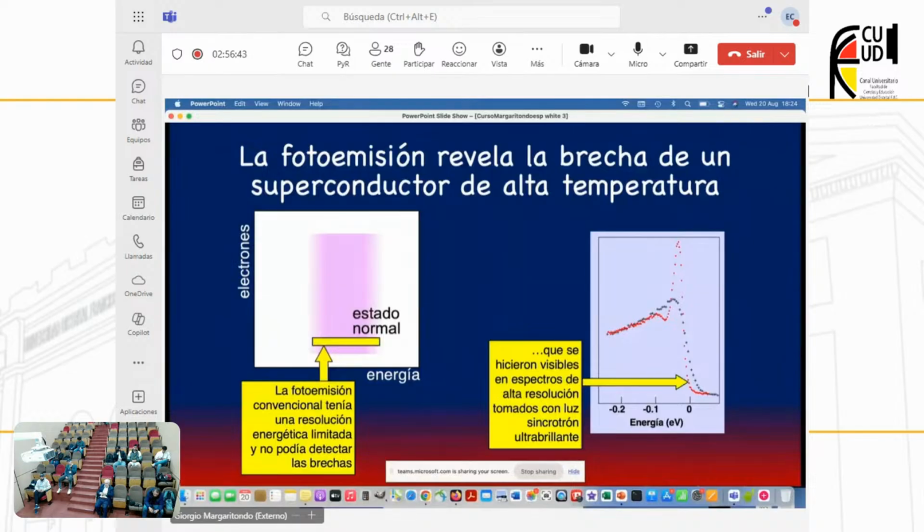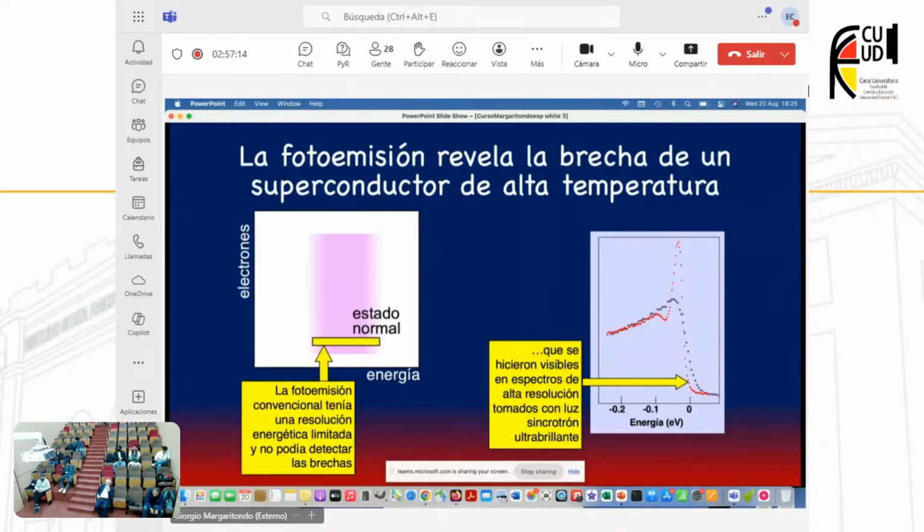Because, of course, once you can detect the gap in a direct way using a synchrotron radiation photoemission technique, then you can become ambitious and start asking what are the properties of this gap. For example, is the gap in the general mechanism of superconductivity something isotropic that is equal in all directions?